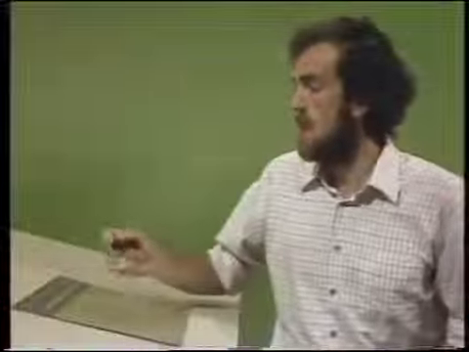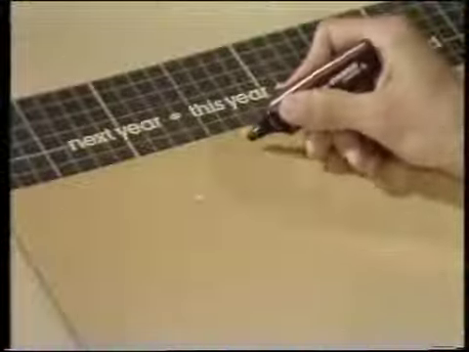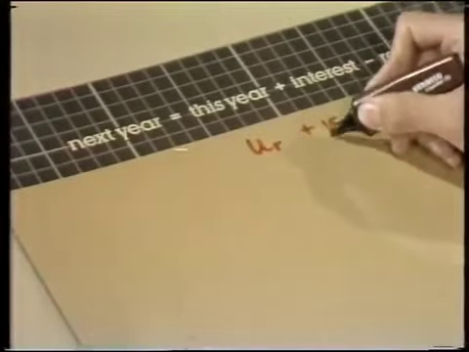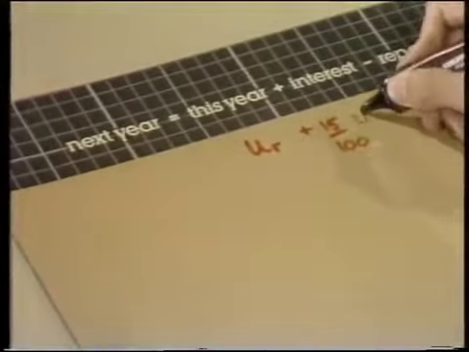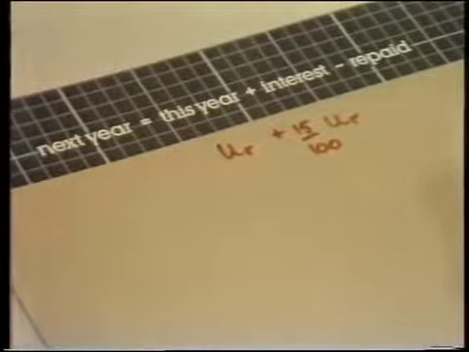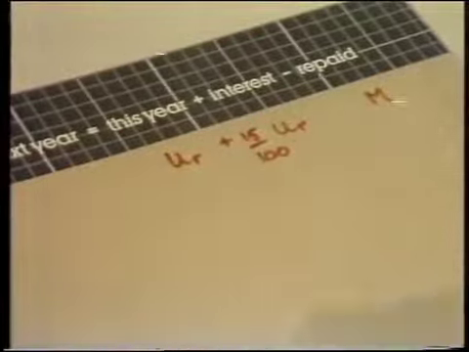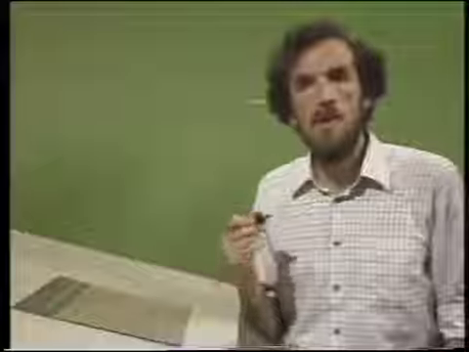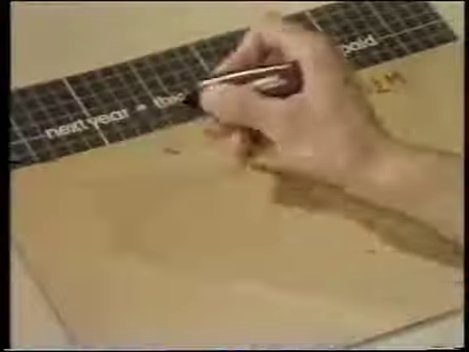If we let U_r be the amount that we owe this year, then the interest is just 15/100 of U_r, and the repayments, so that we can work out what the monthly repayment is, we'll call it M. And since we make 12 of these, we're going to subtract off 12M. And this is just the amount that we owe next year, which is U_(r+1).